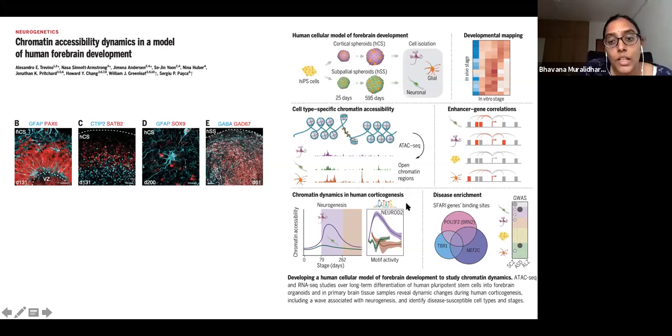This here simply shows some of the markers which you had seen in the previous slides: PAX6, which marks the progenitors, SATB2 and CTIP2, which mark the deep layer neurons, and these mark the glia. And GABA is the marker for GABA, and GAD67 is the marker for inhibitory neurons.